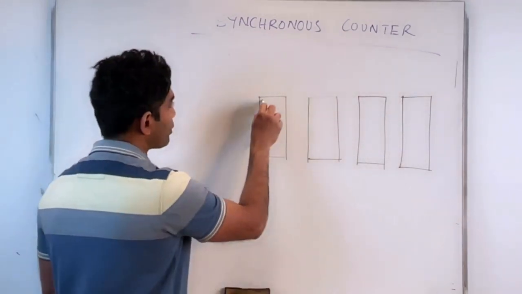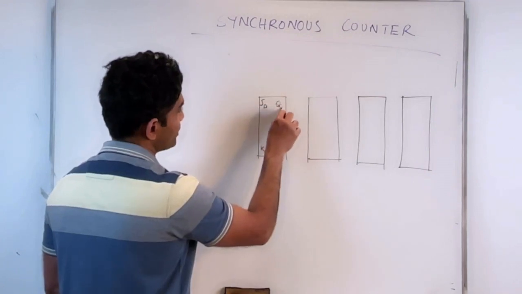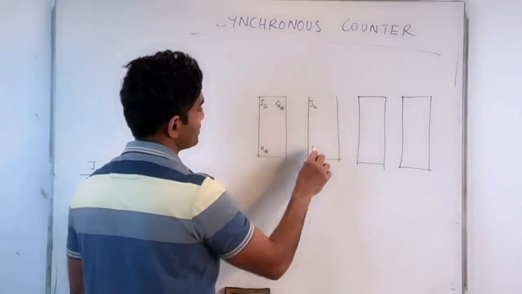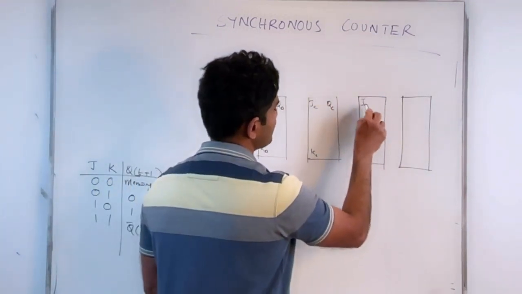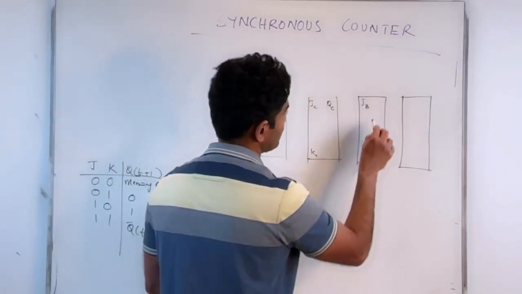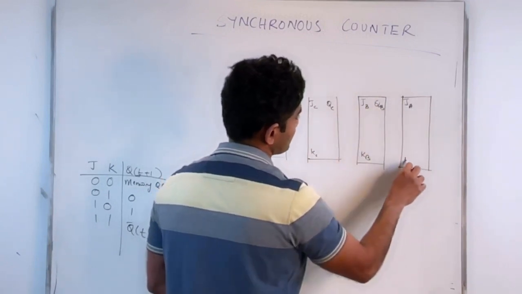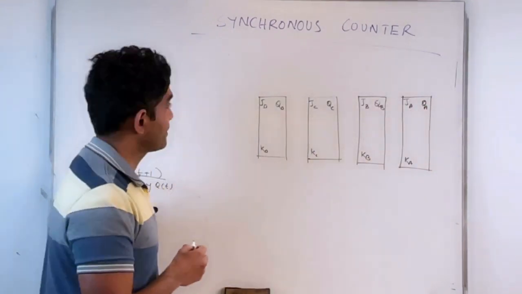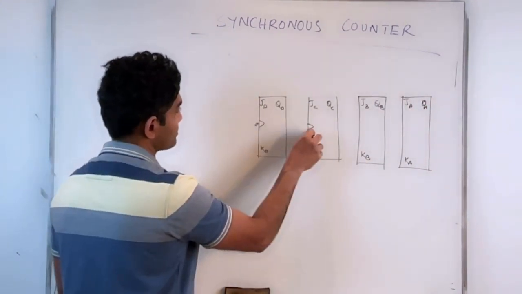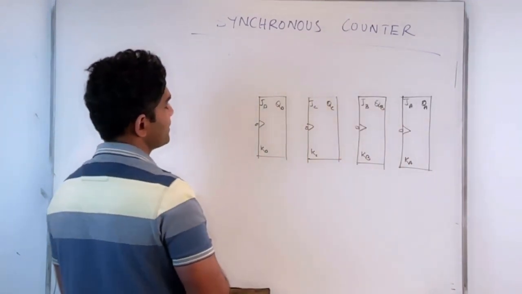Let me call these JD, KD, QD, JC, KC, QC, JB, KB, QB, and JA, KA, and QA. Again, let's start with these negative edge triggered flip-flops.